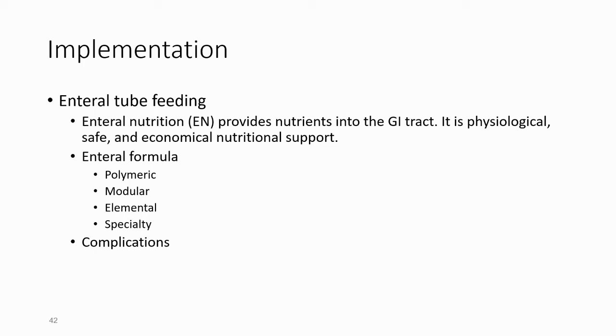Well, they may need a certain percentage of protein versus carbohydrate, and certain percentage of vitamins that the nutritional specialist will help the provider in designing and ordering that. Now, there are certain complications with enteral tube feedings, and we'll talk about that here in a second when we talk about safety.